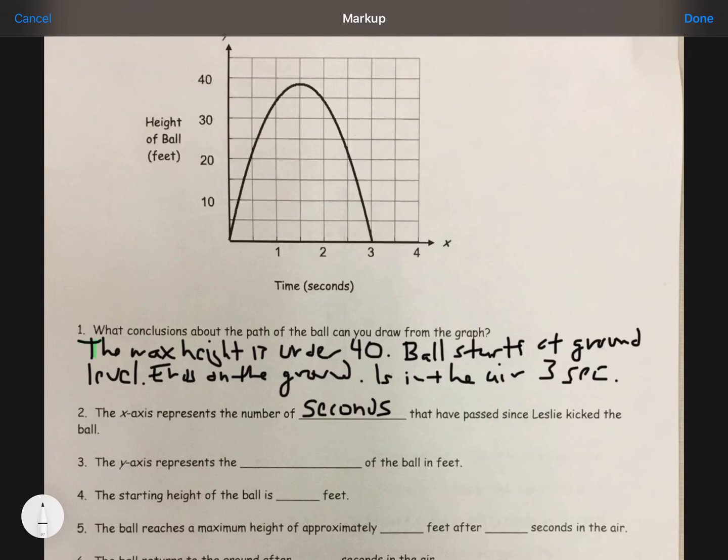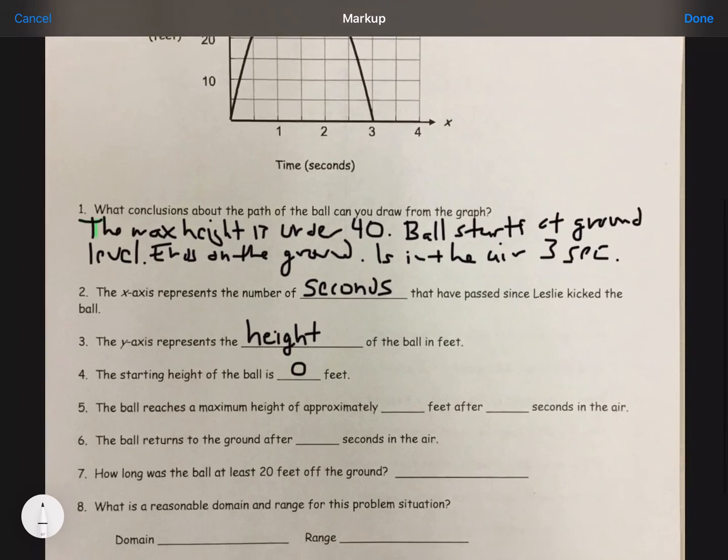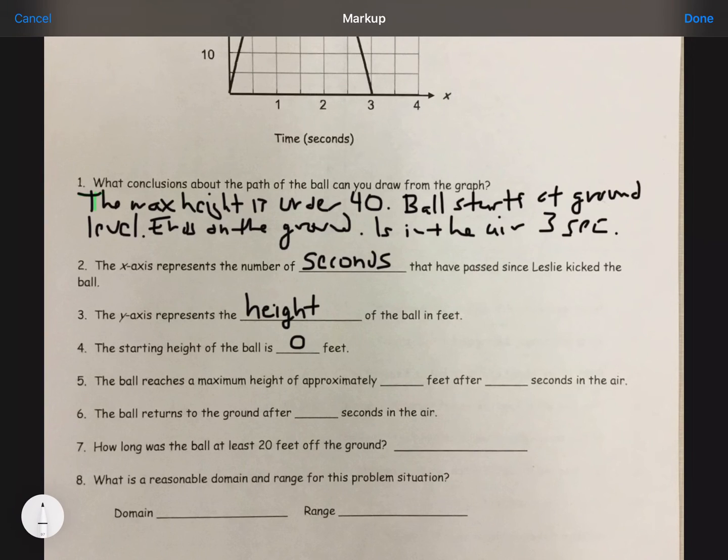Height. The starting height of the ball is 0 feet. So what approximately does the ball reach? What's the maximum height, you would say? About 38 feet. After how long? After about 1.5 seconds, yeah.